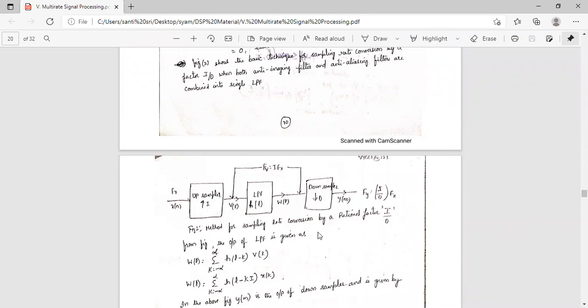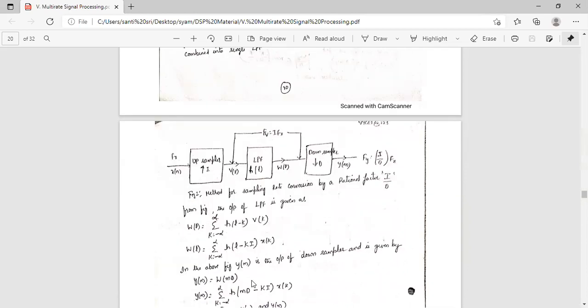From figure 2, the output of the LPF is given as w(l) equal to sum over k from minus infinity to infinity of h(l minus k I) into v(k). So it is equal to h(l minus k I) into x(k), because v(k) equals x(k by I). Thus we can write this as the sum over k of h(l minus k I) into x(k).